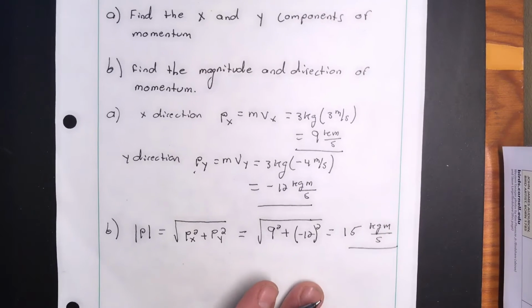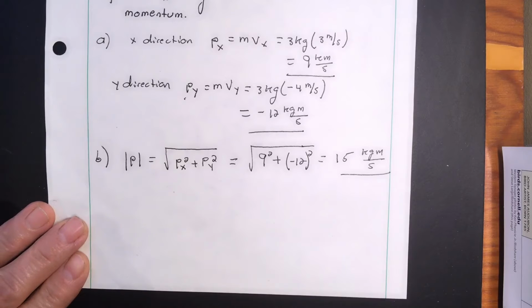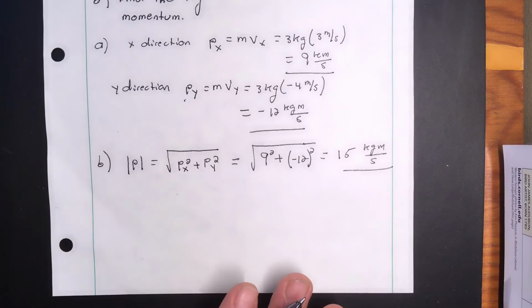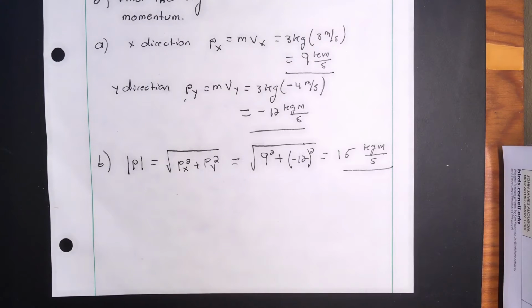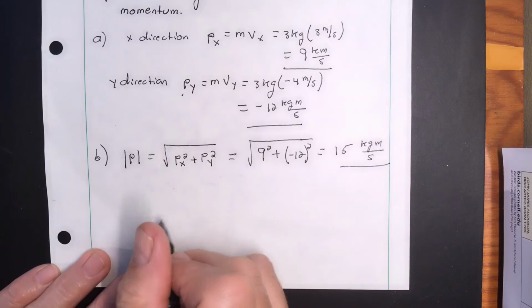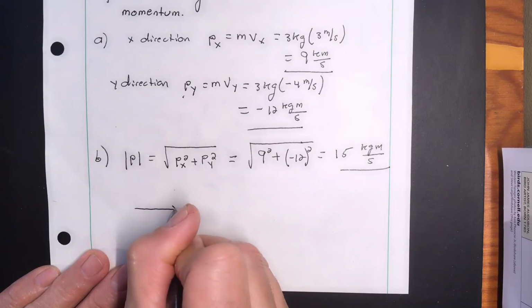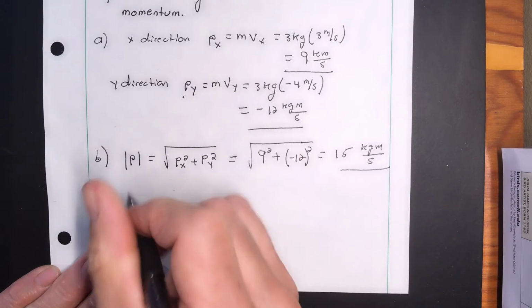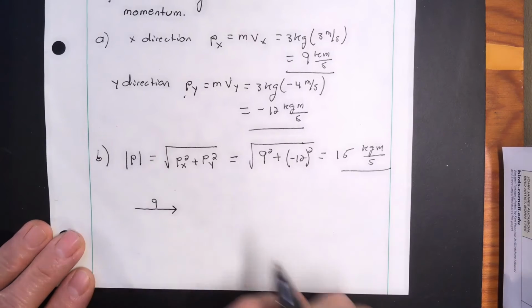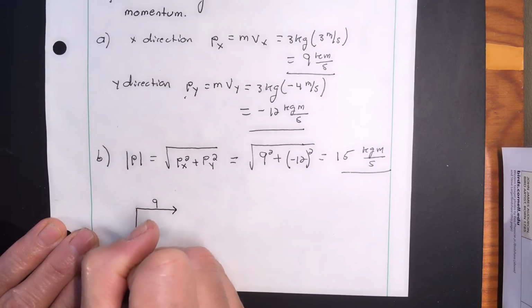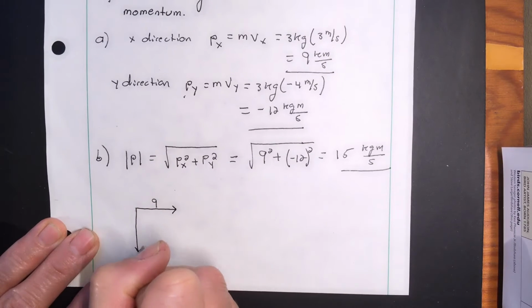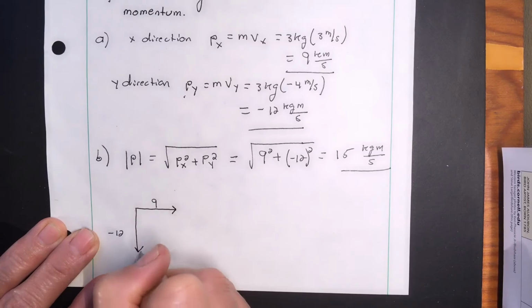Now, direction. So we're going to do the same thing we did with other vectors, with velocity or with acceleration. We'll draw out the x. This is 9. The y is minus 12.